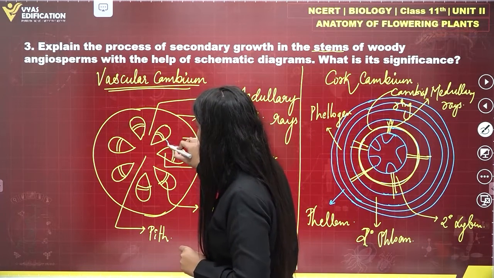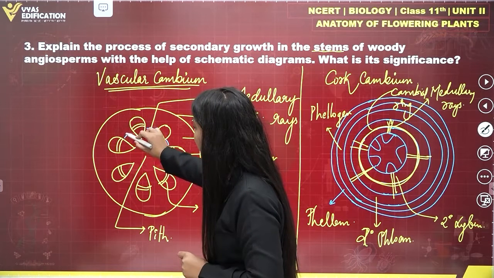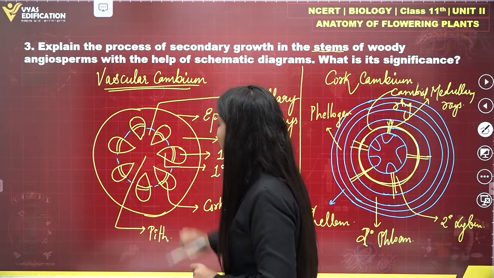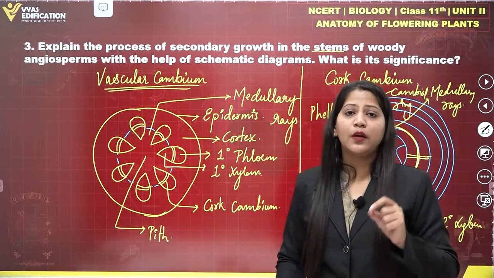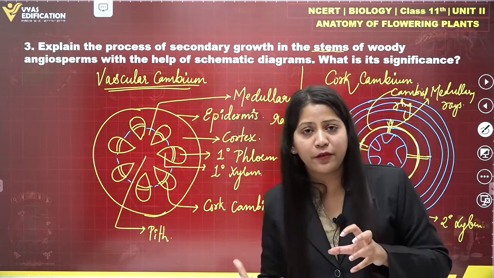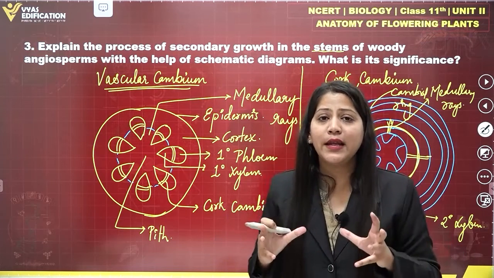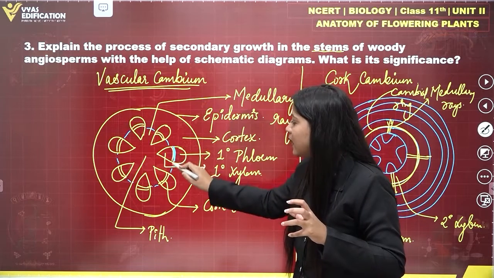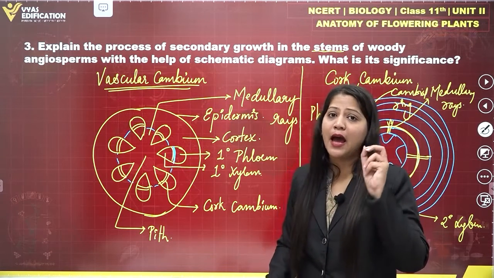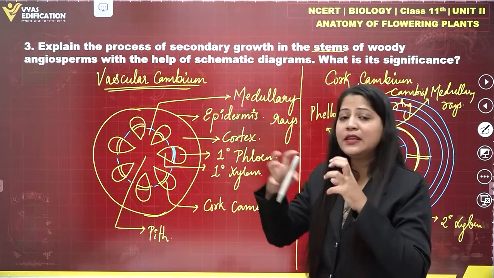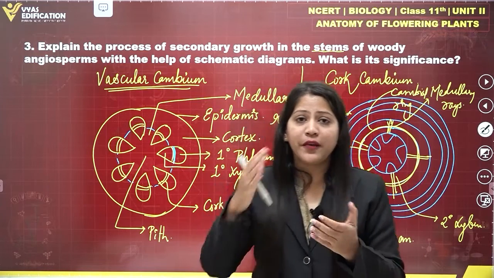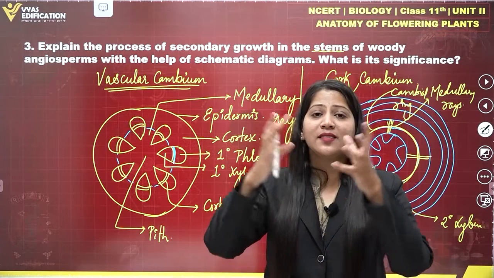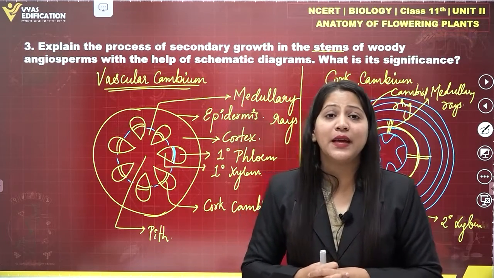A new strip is going to form like this from the cells of medullary rays. This interfascicular strip adjoins the intrafascicular strip present between the primary xylem and phloem, and this joining makes a new ring known as the cambial ring.